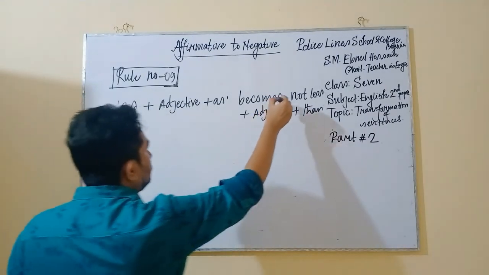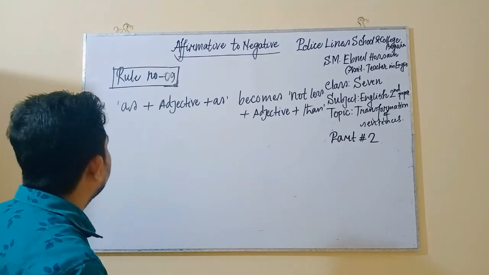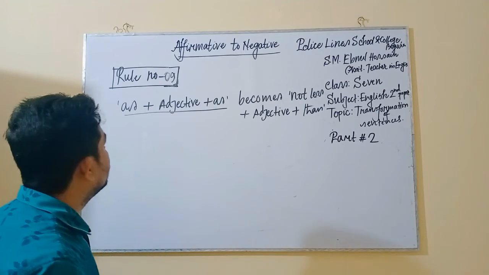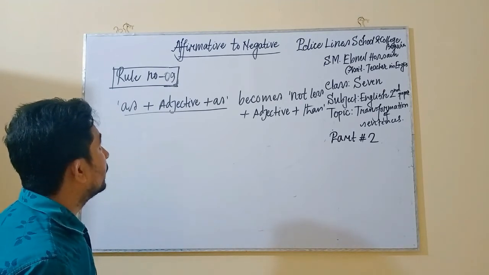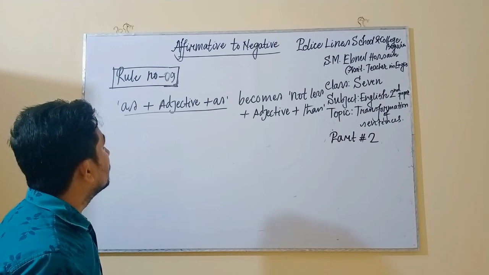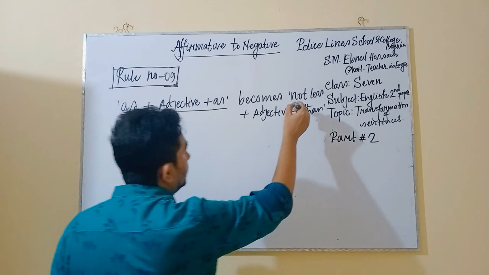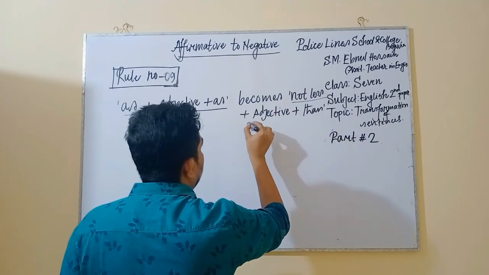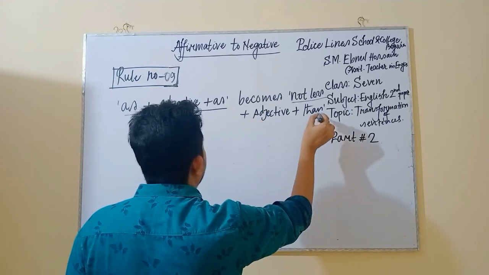So we can say that if this structure is found in the affirmative sentences, then we can change this type of affirmative sentence into a negative sentence by using the structure "not less" plus adjective plus "than".